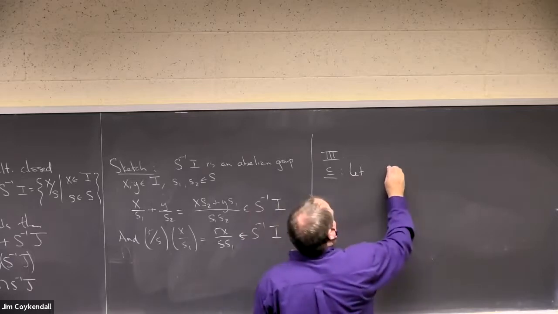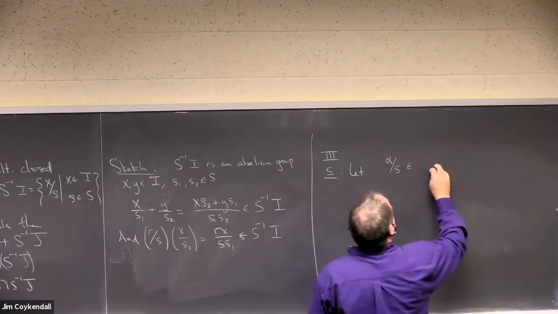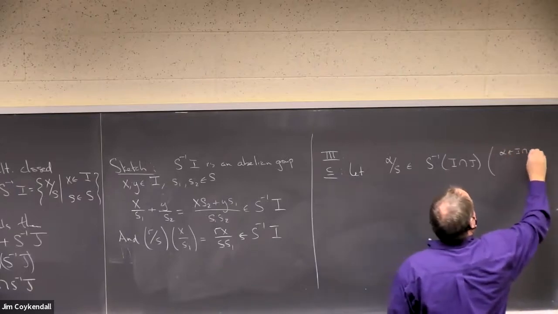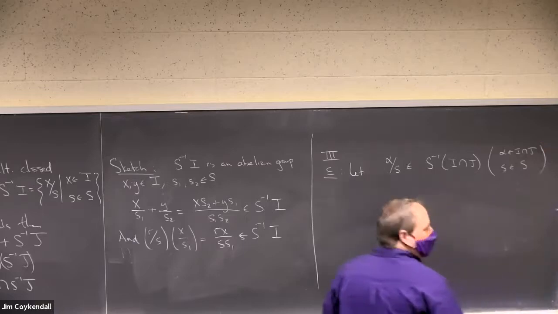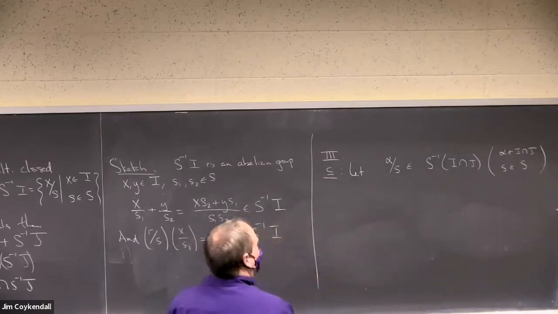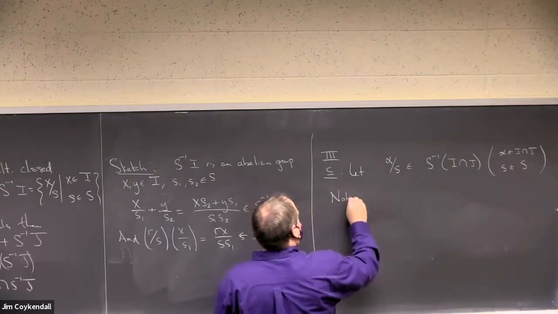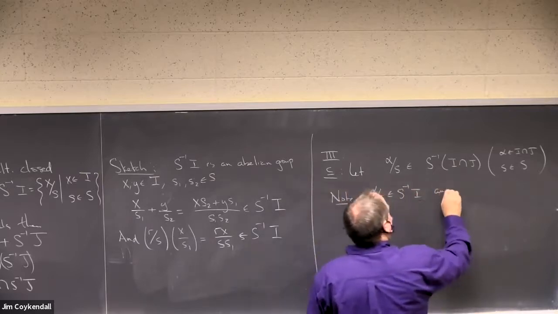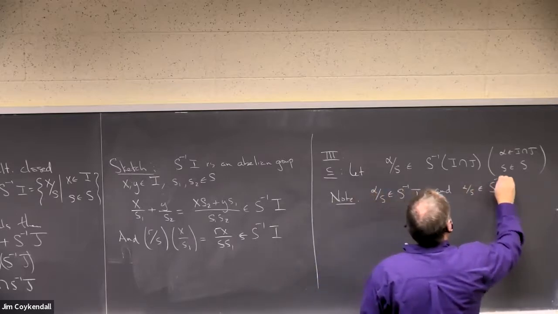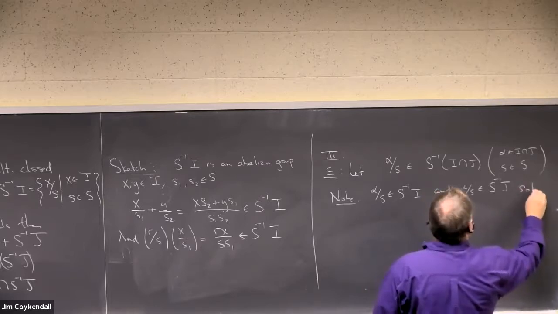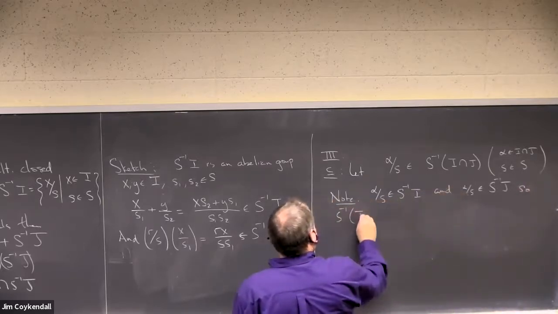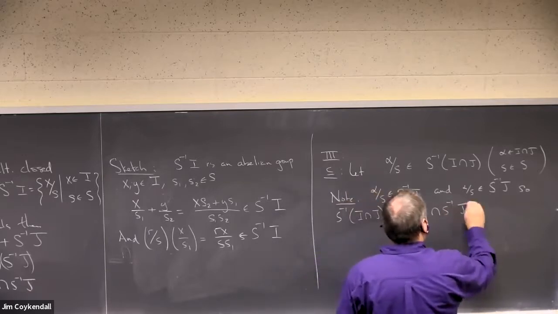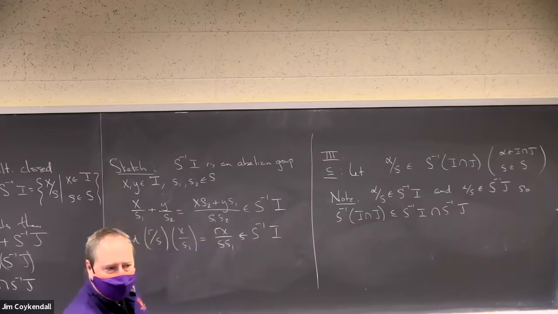Let alpha over s be in S inverse I intersect J. That is to say, alpha is in I intersect J, s is in S. Well, notice that alpha over s is in S inverse I, and alpha over s is in S inverse J. So I've got that contained.